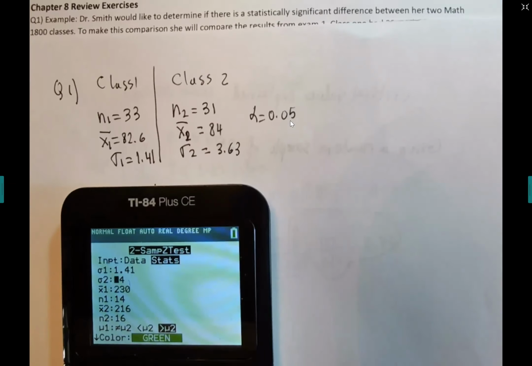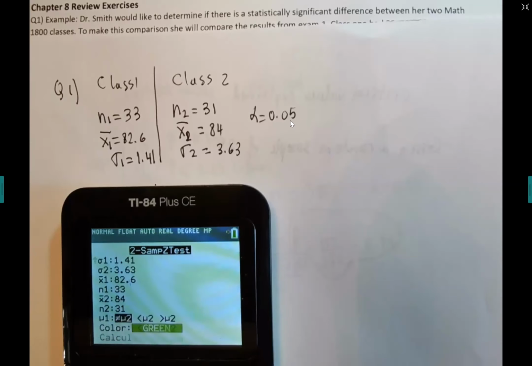Sigma 2 is 3.63. X1 bar is 82.6. N1 is 33. If anything not clear, please ask me. X2 bar is 84. N2 is 31. And we need to test that mu1 is different from mu2. And hit calculate.